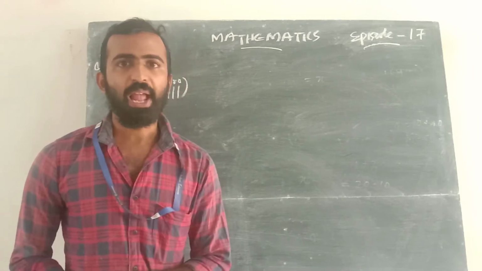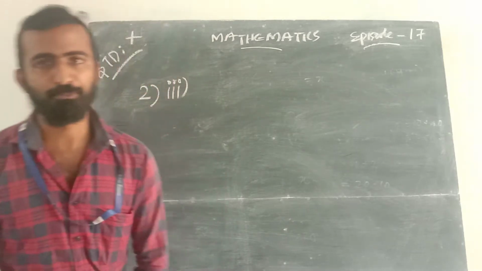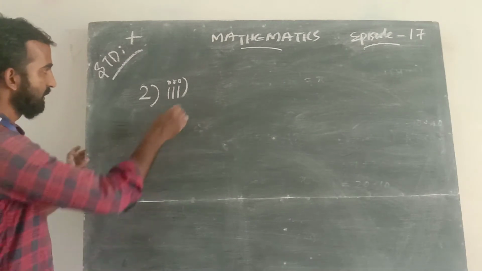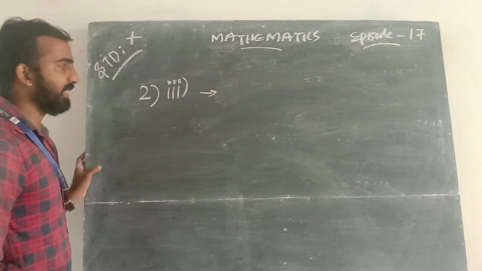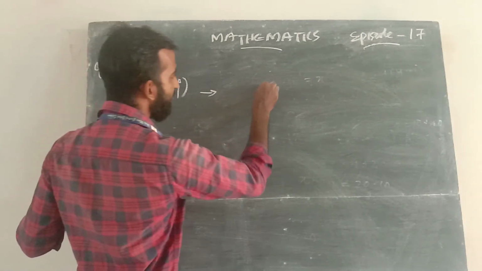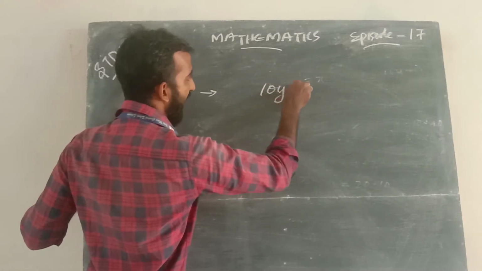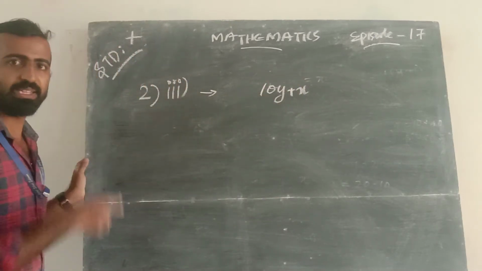Let the 2-digit number have digits x and y, so the number is 10y plus x. Why do I write it like this?